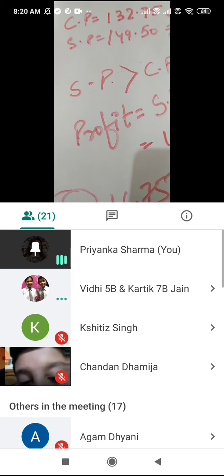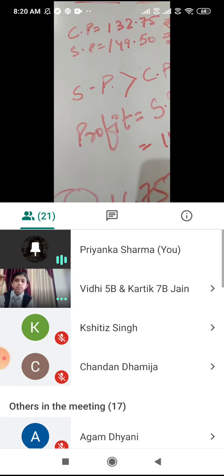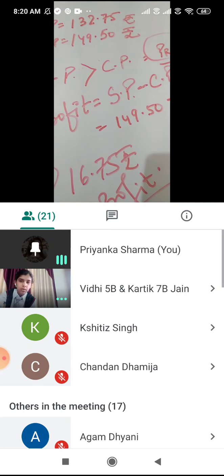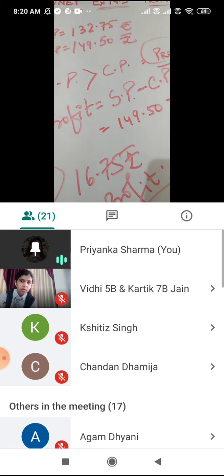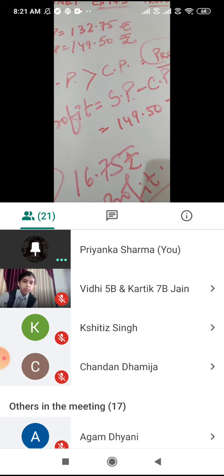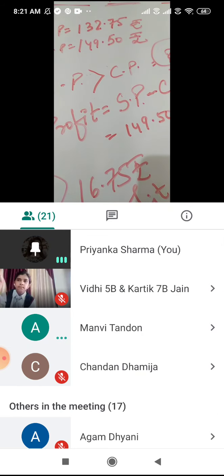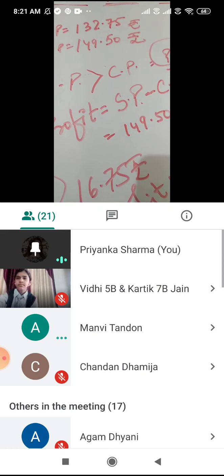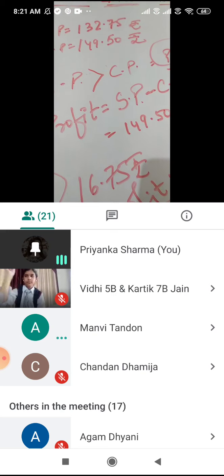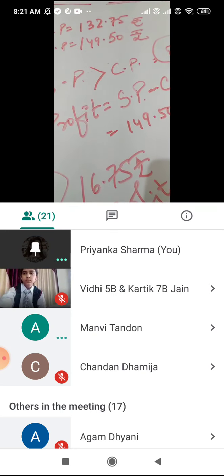Then from 14.3, question number 1, A, B, C, D. These four sums that I have done here in the class, all these four sums you have to do in your fair copies. Okay. And the last two sums, E and F, those two sums you will do in rough copy just to practice.